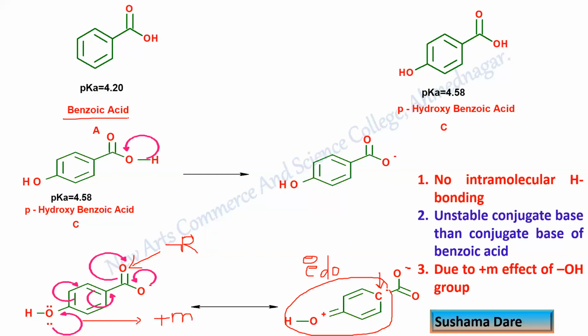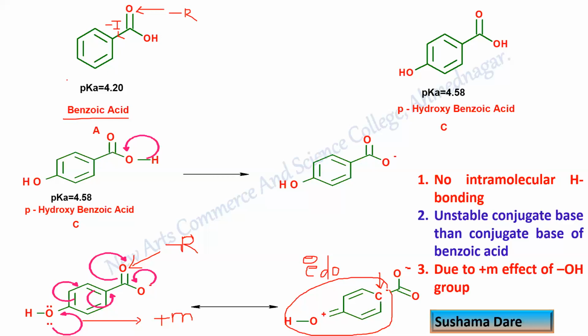Now, in the case of benzoic acid, which effect is absent? In benzoic acid, only this carbonyl group shows minus R effect, while this aromatic ring shows an electron withdrawing inductive effect, that is minus I effect.